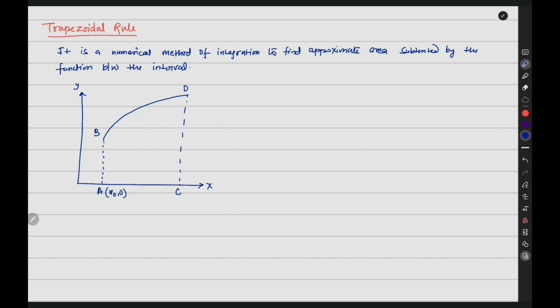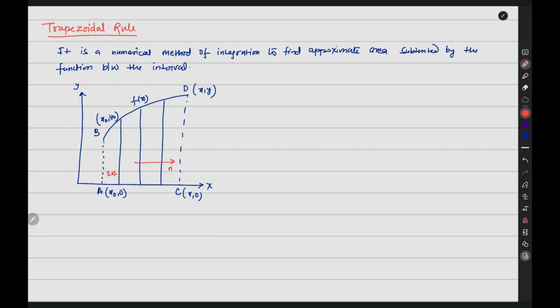This is x0, y0, this is x comma y and this graph function is f(x). During the integration, area under this function is divided into trapeziums, divided into equal intervals. Suppose that the number of intervals here is n, starting from first.